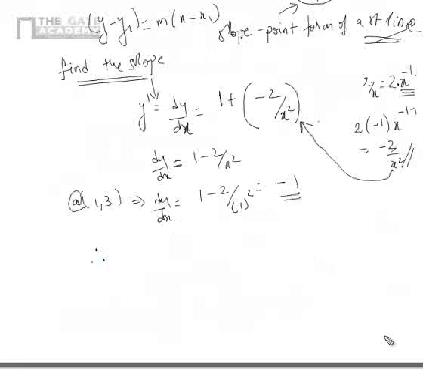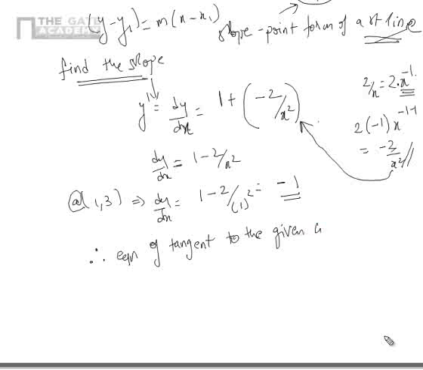Therefore, the equation of the tangent to the given curve at (1, 3) is y minus y1, because the point is x1, y1.